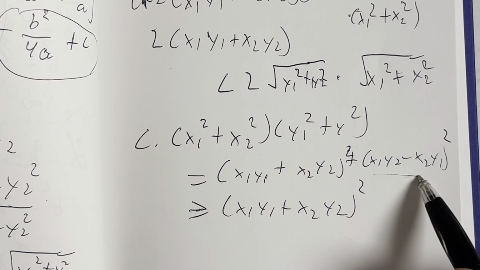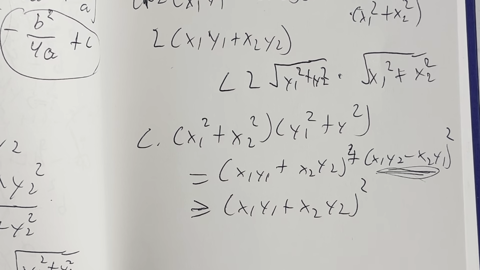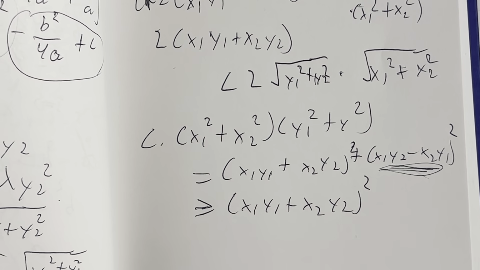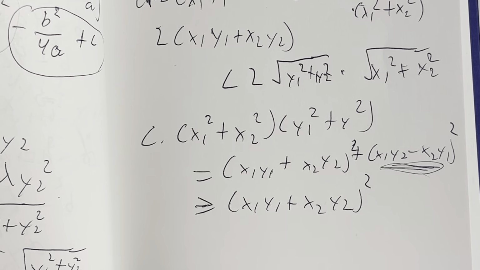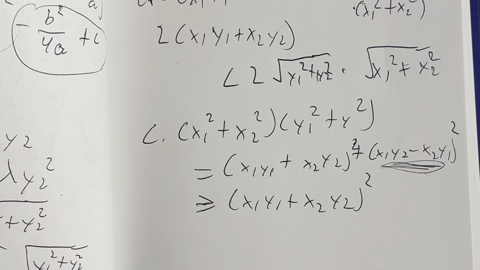And this is true because this is always greater than or equal to 0. And then we just take the square root to get the desired result.